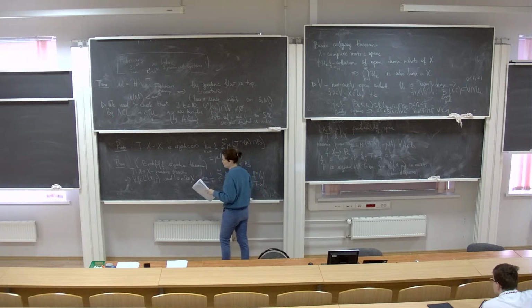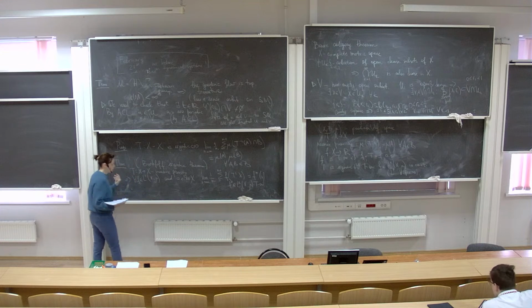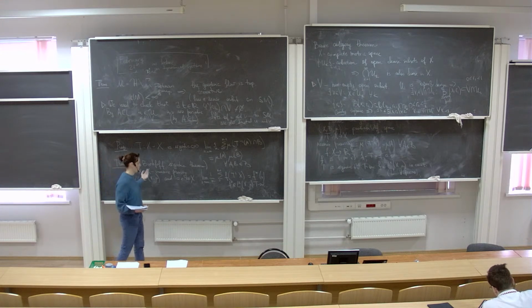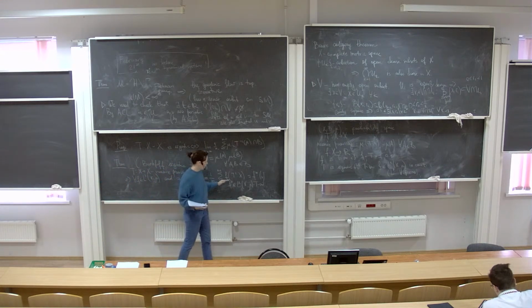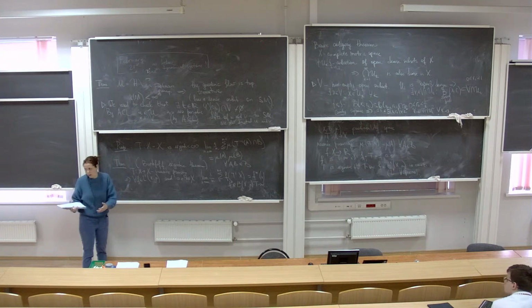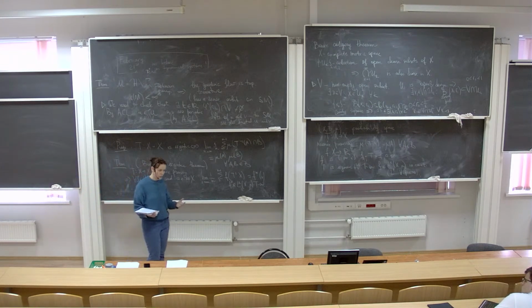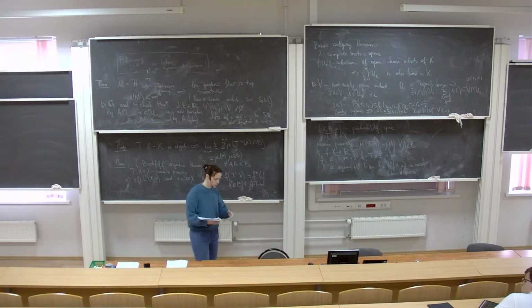And this is true for any T; it should not be ergodic. It's enough to say that it's measure preserving. Then we already can average like that. But if we add ergodicity, actually we have much more. Namely, we know that it doesn't matter how exactly to average, on the observables or on time.